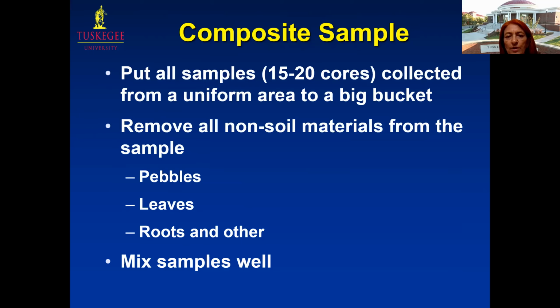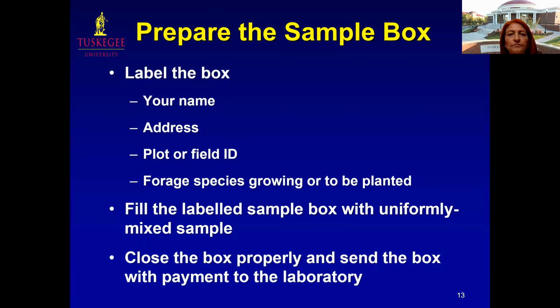Mix all samples well in that bucket and label the soil sample box with your name, address, and plot or field ID, and forage species that are already growing there, or you are planning to plant. And fill the labeled sample box with uniformly mixed sample from that bucket.